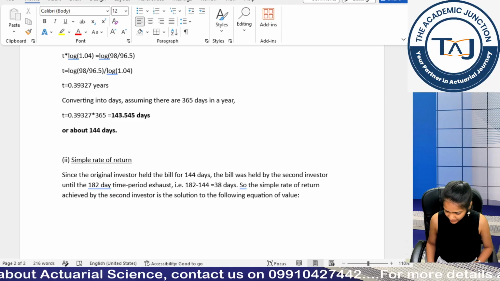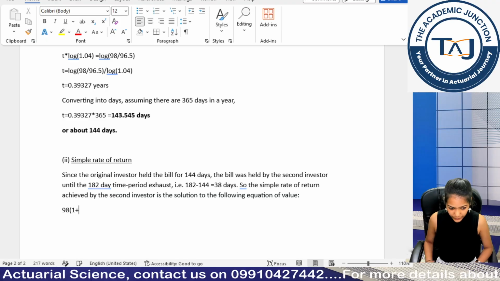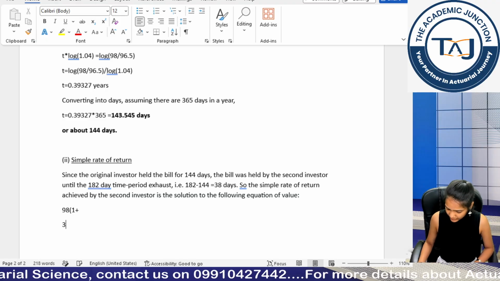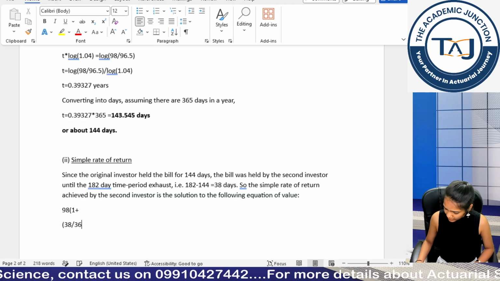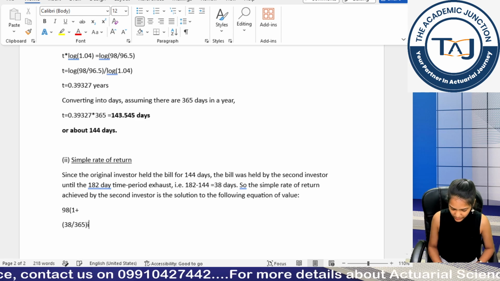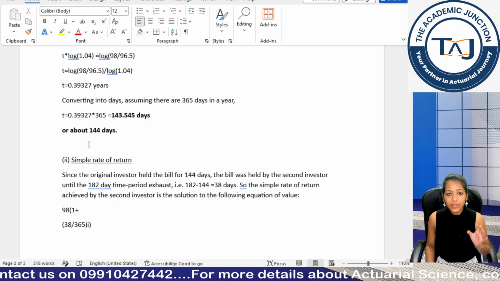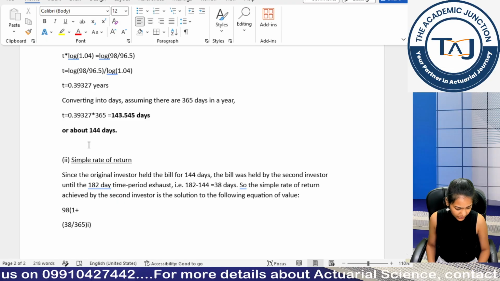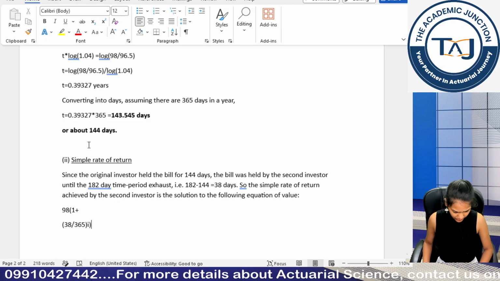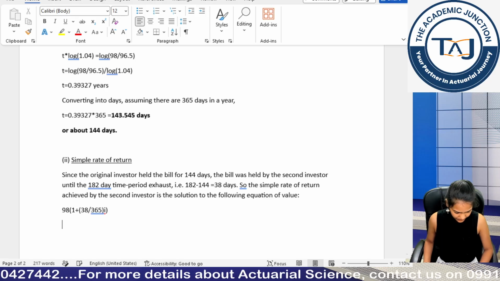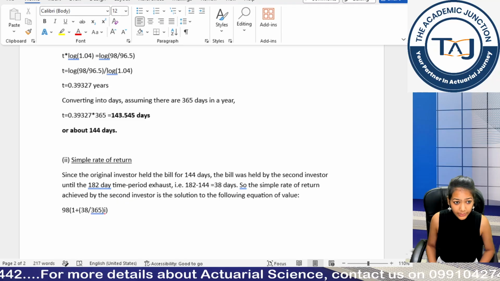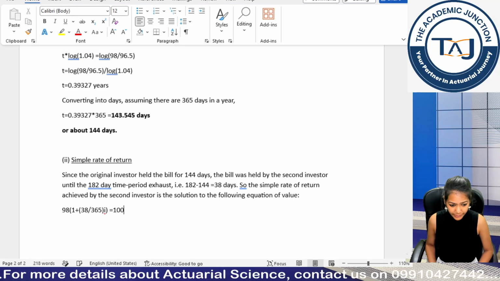What is the equation? 98, we are keeping it for 38 out of 365 days since we are getting the annual simple rate. Sorry, there is some error. And this is equal to 100.